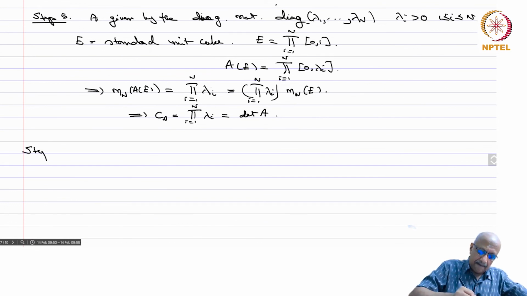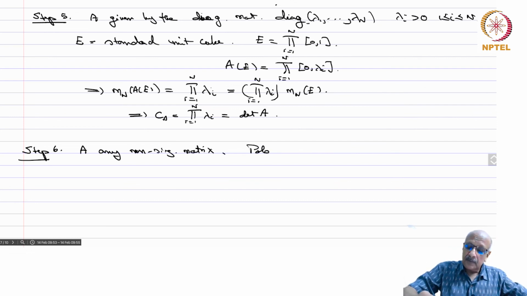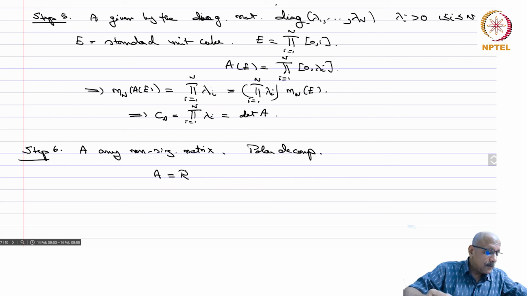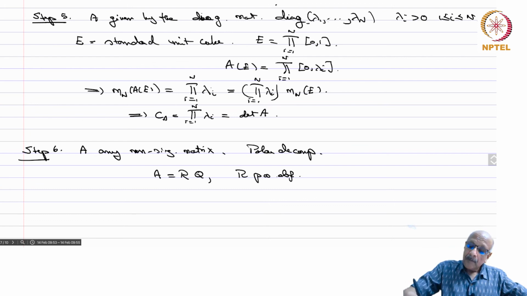Step 6. For any non-singular matrix A, we have the polar decomposition. A can be written as R times Q, R positive definite, Q orthogonal. This is the same as any complex number being written as mod Z times e power i theta.